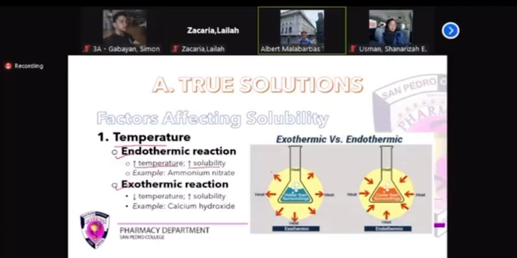The hotter you make it, the higher the chance that it will dissolve. For exothermic, the lower the temperature, the higher the solubility. So this means the colder it is, the more it dissolves. Like your calcium hydroxide.